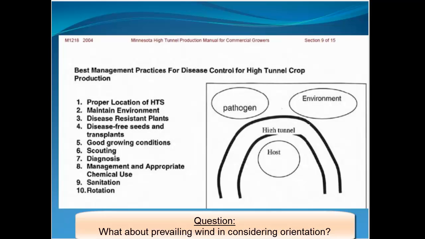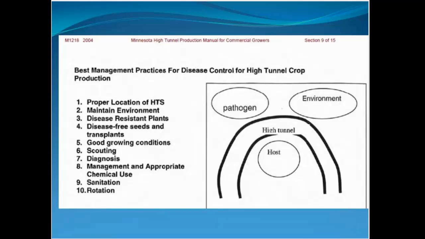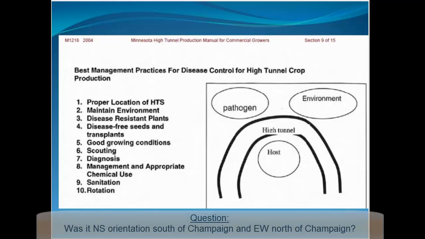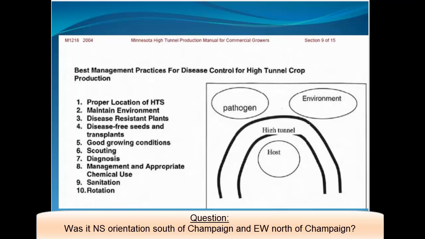We would normally have in Illinois, for the most part, prevailing winds that come out of the southwest, and because they come sort of quarter to the house, in most cases, orientation in either north-south or east-west will afford some movement across the crop. But we would not want to align it from southwest to northeast because it would afford very little air movement.